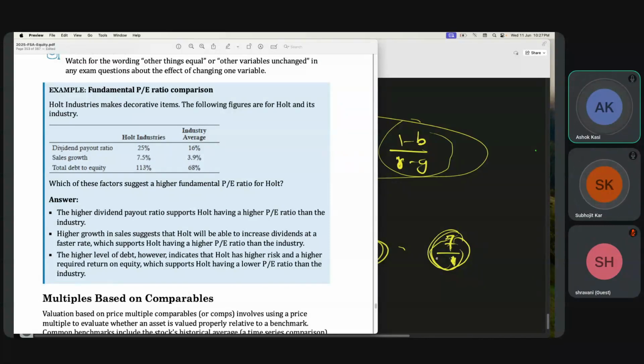The market is ready to pay more because of the first two reasons: high dividends and high growth. The third one cannot be the reason because the debt is very high. If the debt is very high, then people will not be ready to pay highly. The price will come down.